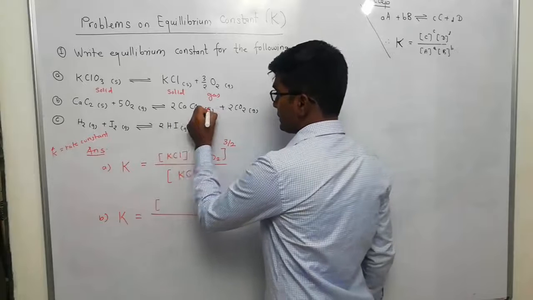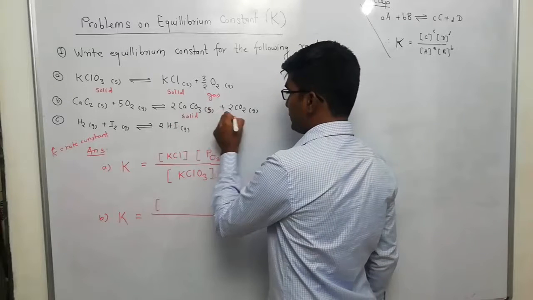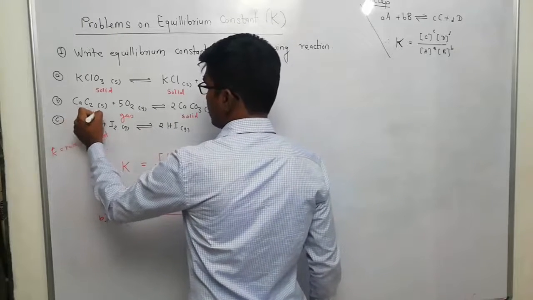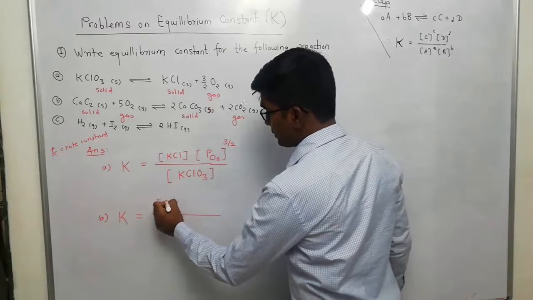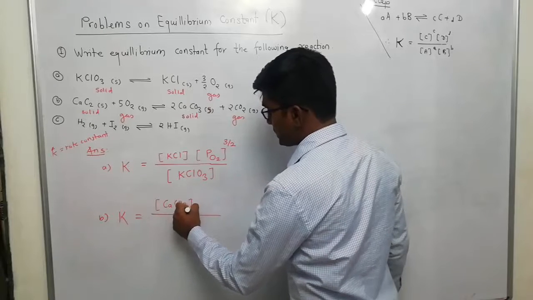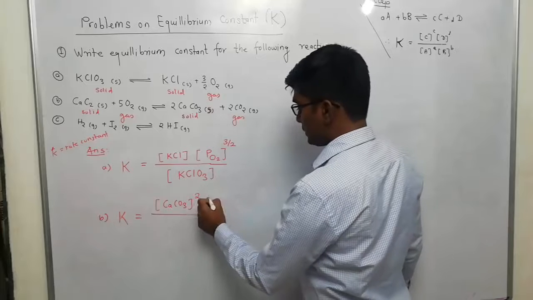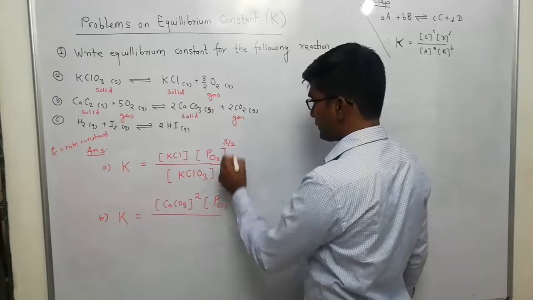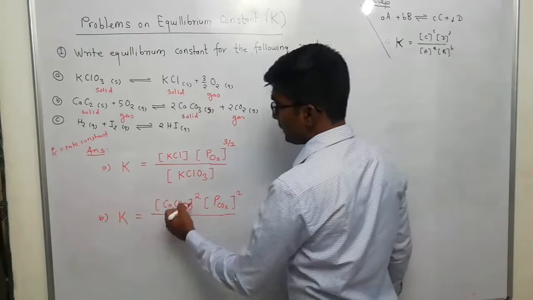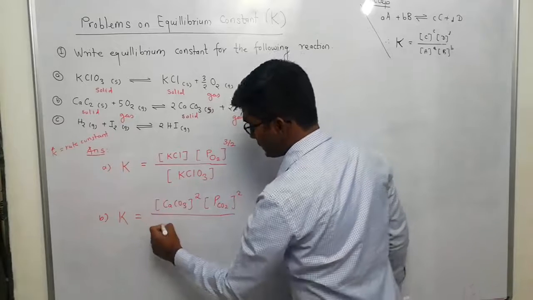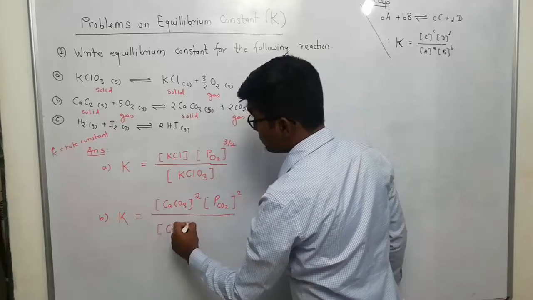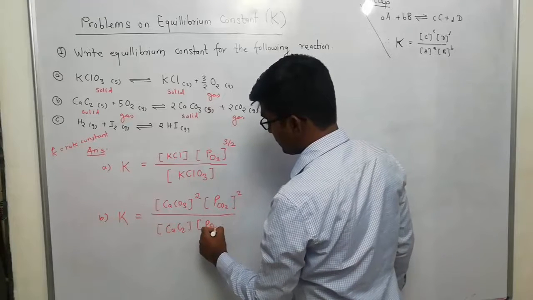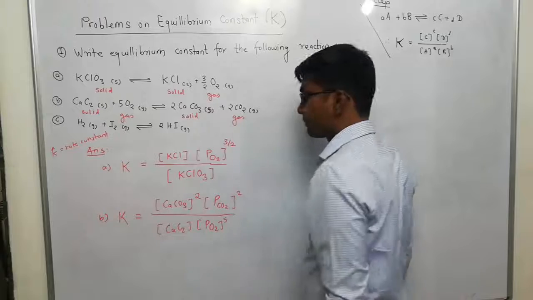Observe that calcium carbonate is solid, CO2 is gas, CaC2 is solid, and oxygen is gas. So the concentration of product is 2 times calcium carbonate, which is solid, 2 moles, into the vapor pressure of carbon dioxide gas, 2 moles, divided by the concentration of the reactant CaC2, which is solid, into the pressure of oxygen O2 raised to 5.